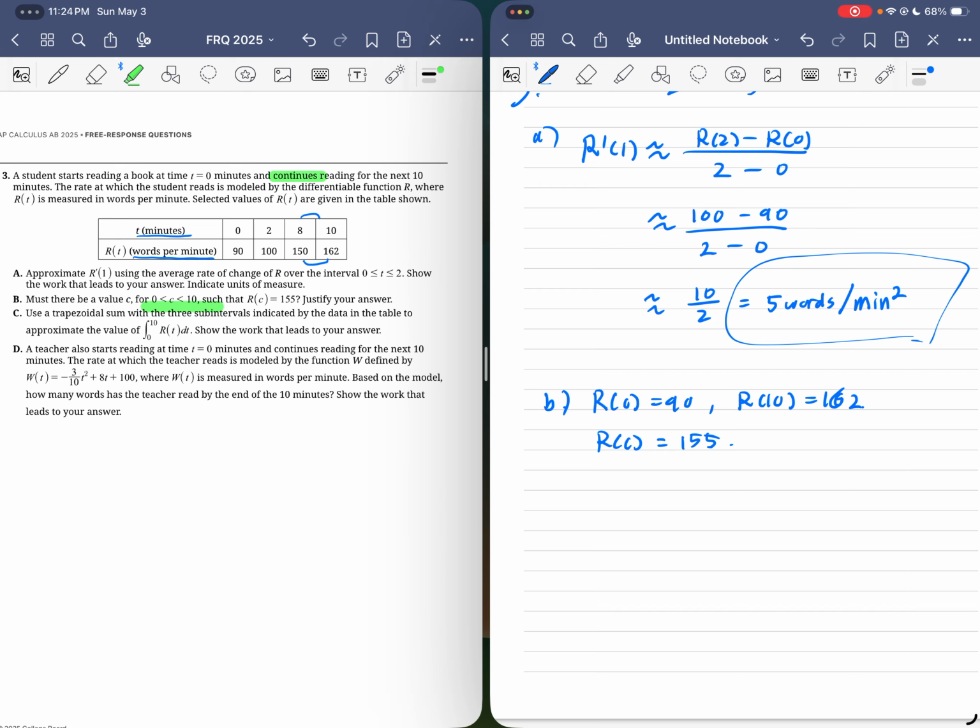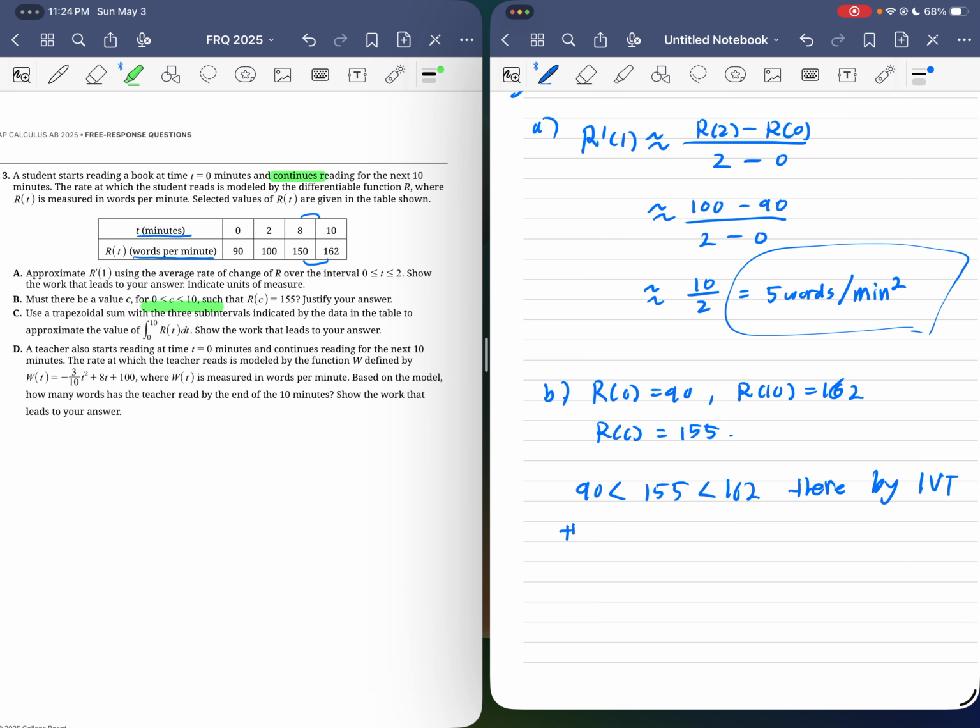So the only thing you have to do is show 90, 155, 162. Therefore, the only thing that matters is this. Therefore, by the Intermediate Value Theorem, there must be a value C between 0 and 10, such that R of C is equal to 155.